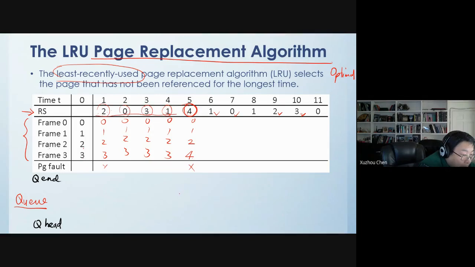Then for the next couple of pages, there will never be any page fault, because we replaced the page that will be referenced farthest in the future, so all the pages nearby are already in the memory. So optimal is optimal, right? You're going to dramatically reduce the number of page faults.